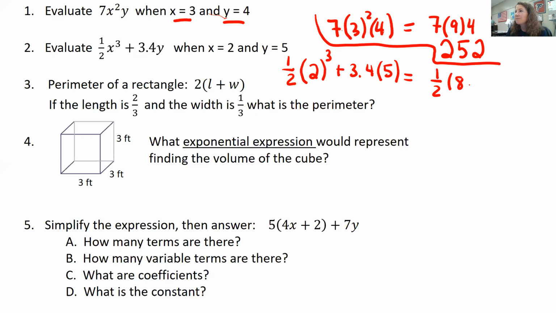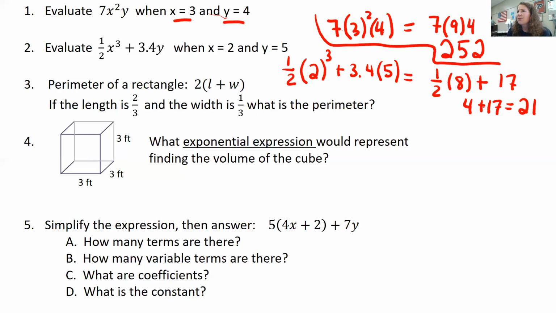It's 8. Plus, don't I multiply before I can add? So I'm going to go ahead and multiply 3.4 times 5, and I get 17. And then I'm going to find half of 8. Well, half of 8 is 4, and 4 plus 17 is 21. So that's what that one is.